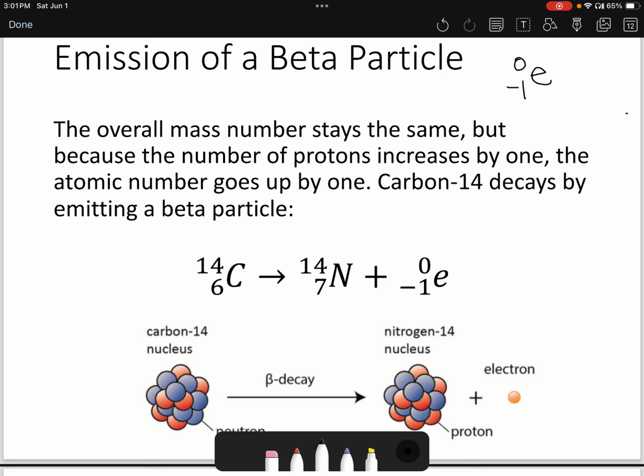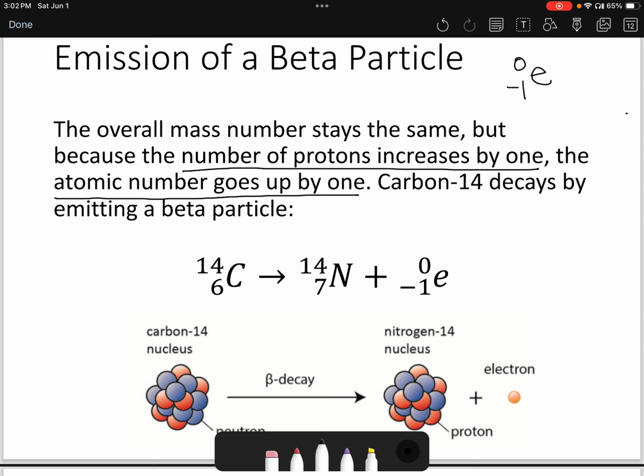However, the quote-unquote atomic number of the electron is -1. And that's due to the fact that the number of protons increases by 1 when we emit a beta particle. So the atomic number is going to go up by 1 as a result.